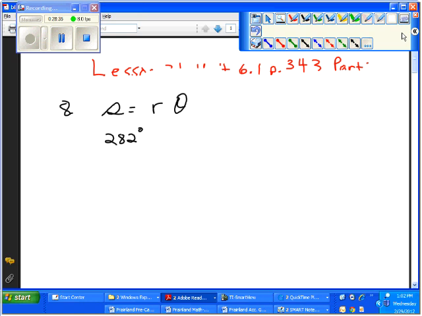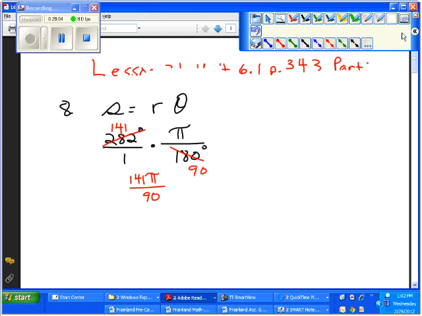So we're going to take the 282 degrees and convert it into radians. We're going to lose the name degree and gain the name radian. We'll cross-reduce as we can. 2 will go into that 90. 2 will go into that 141. And so in radians, it's 141 pi over 90.